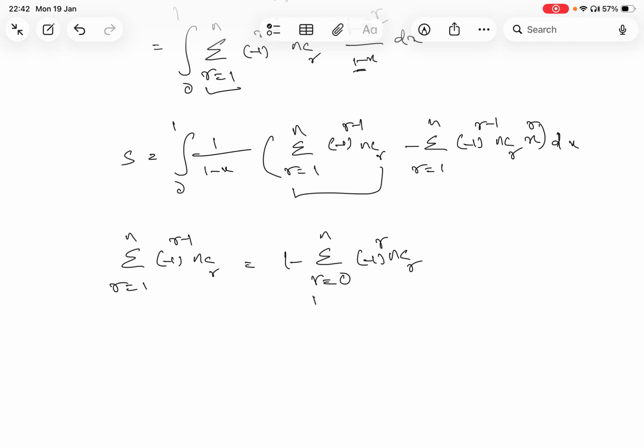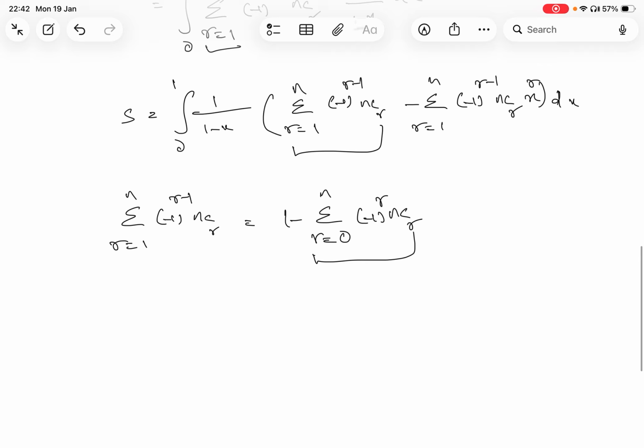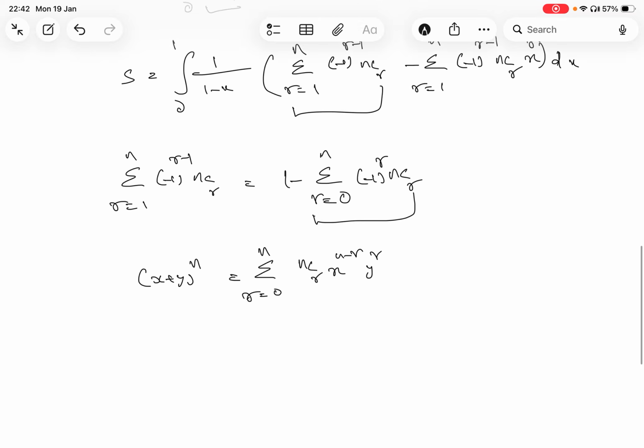This is 0, how? Let's prove. You know the formula x plus y whole power n is summation r equal to 0 to n of nCr x power n minus r into y power r.